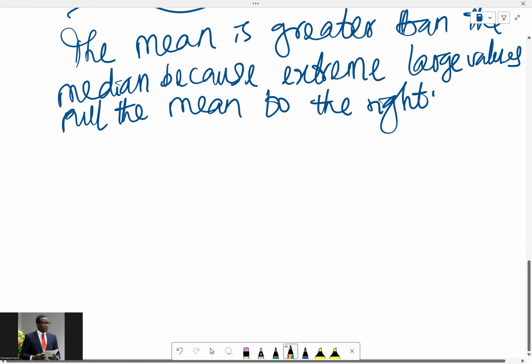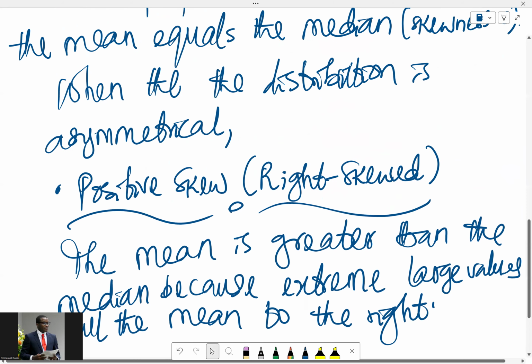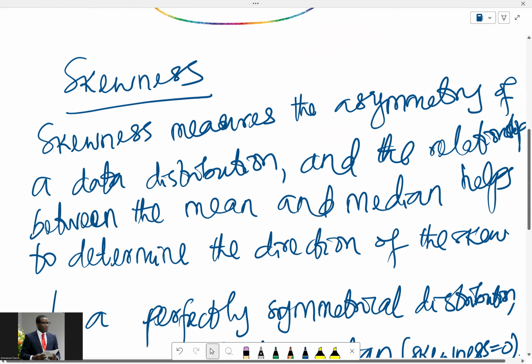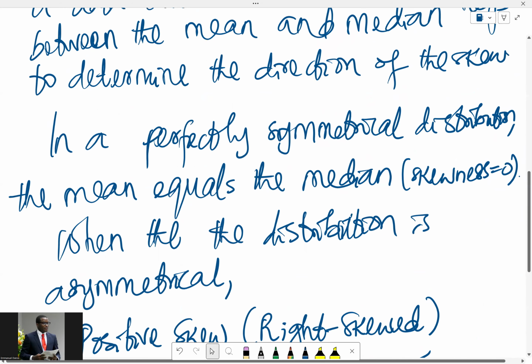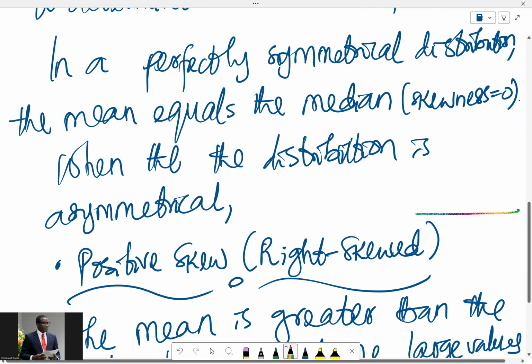Just a rough sketch here. I should have drawn something up here, but I can still do that now. For perfect symmetry, imagine having this distribution, just perfect like this.